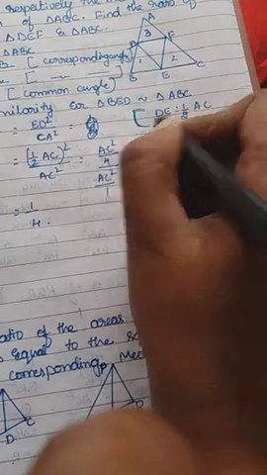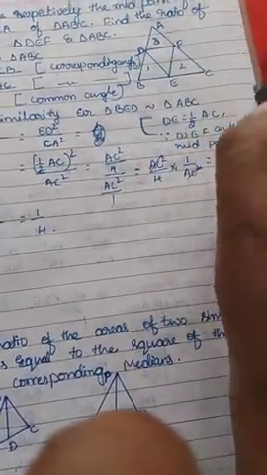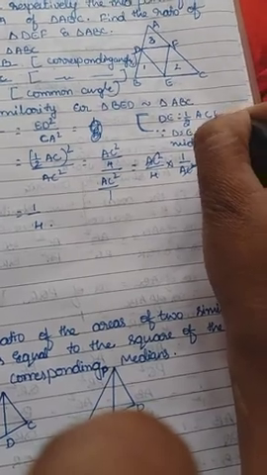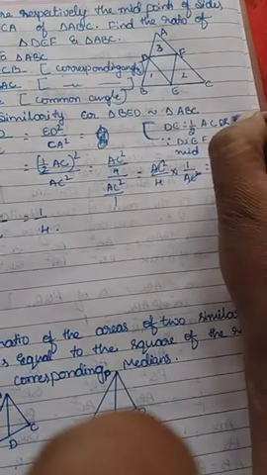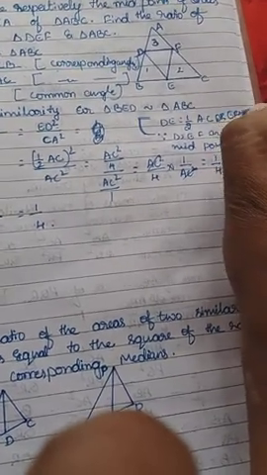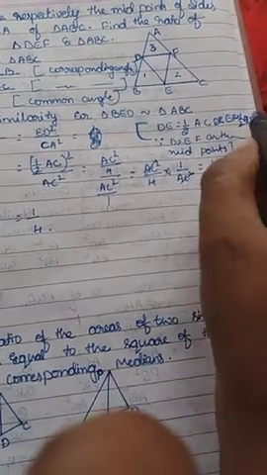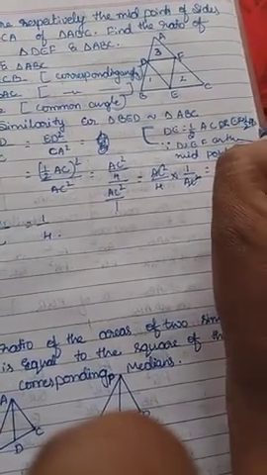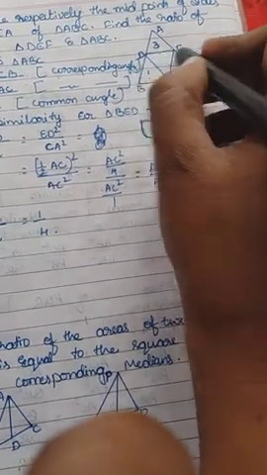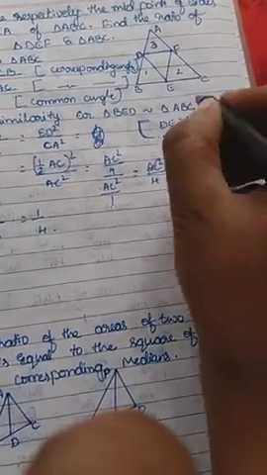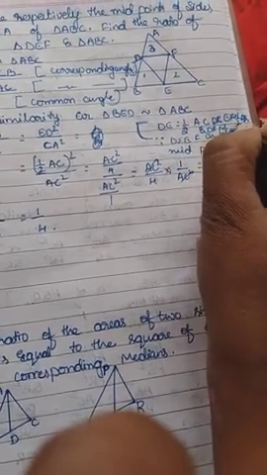In this there is no place, so we can also write what I told you: DE equal to half of AC, EF equal to half of AB, and one more you want to write, DF equal to half of BC.